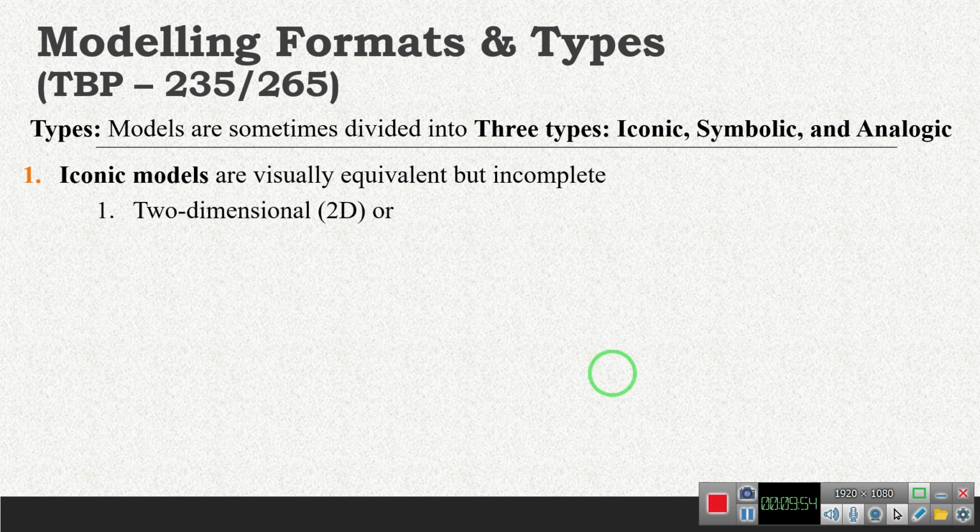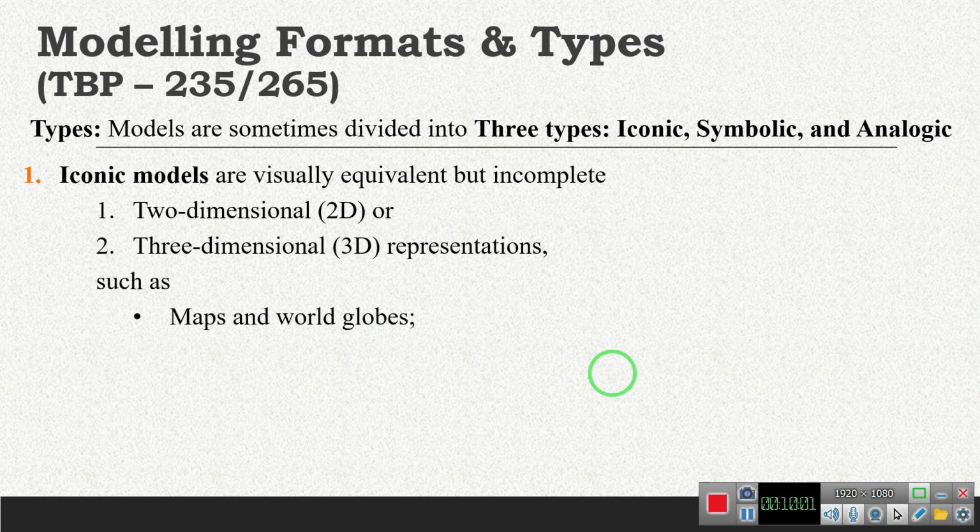It may be a two-dimensional (2D) or three-dimensional (3D) representation such as maps and world globes. We have maps drawn on a piece of paper or on a computer, or a world globe, which are not the actual thing. A world globe is not the world, but it resembles the actual and is a part of it.